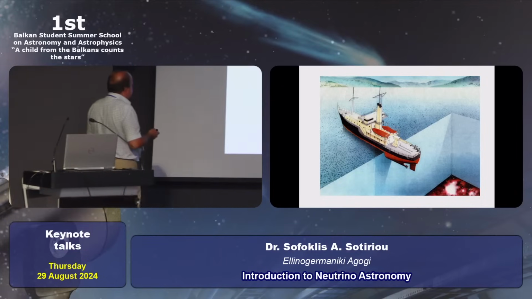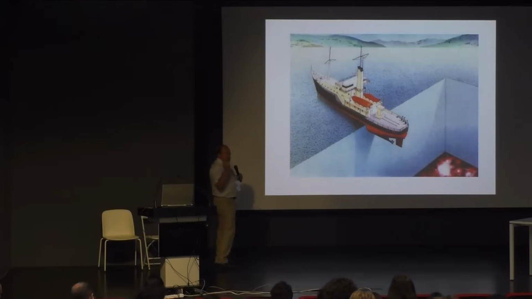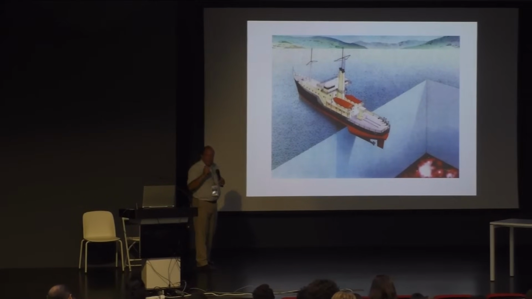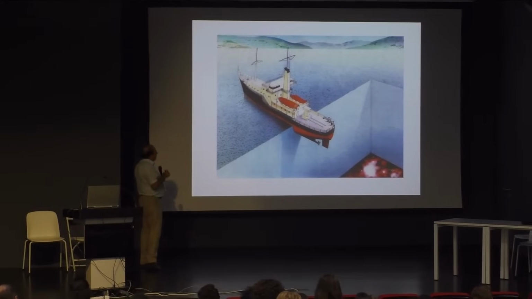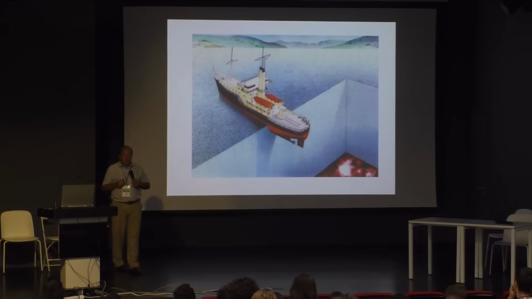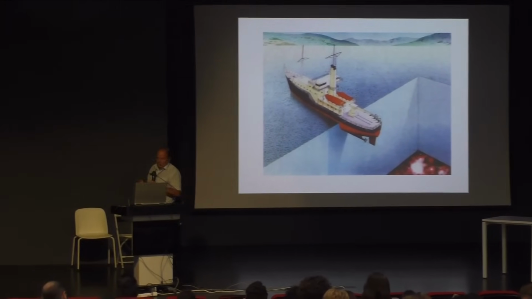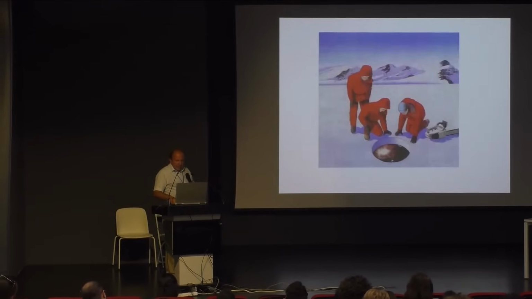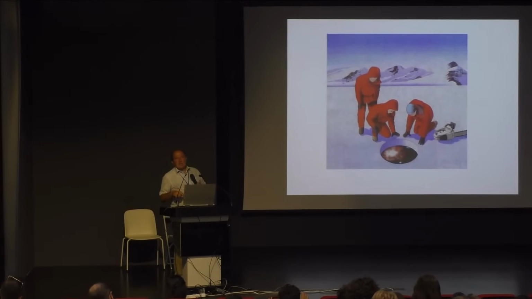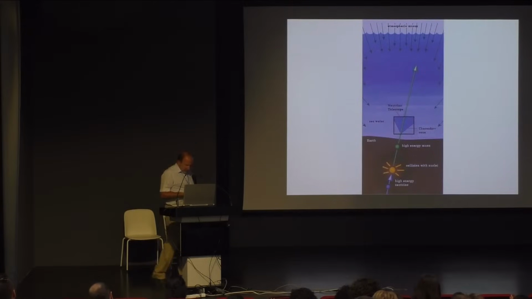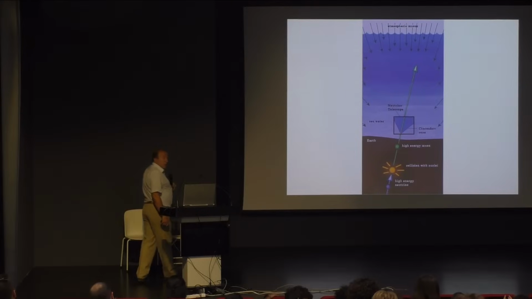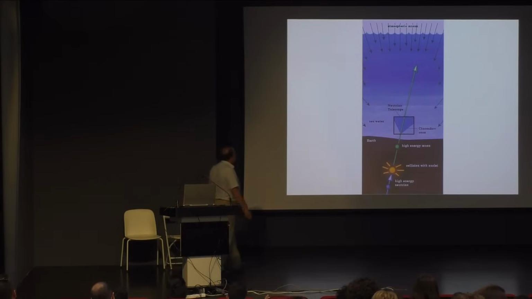So this picture explains why we say that we are fishing for neutrinos. This is fishing, and this is ice fishing for neutrinos. Let's see how a neutrino detector works.